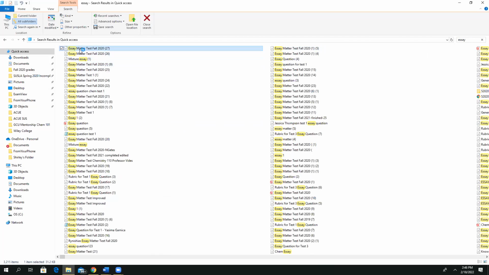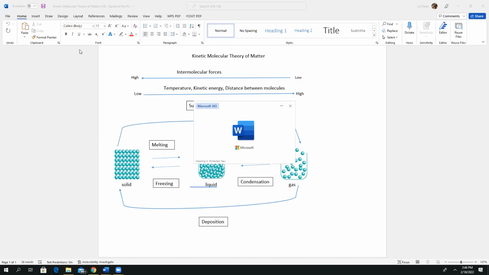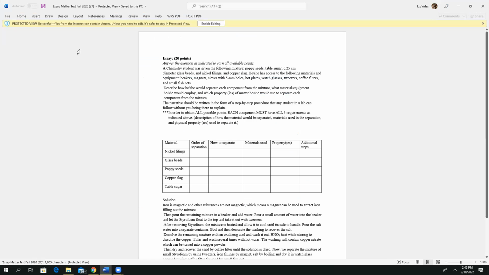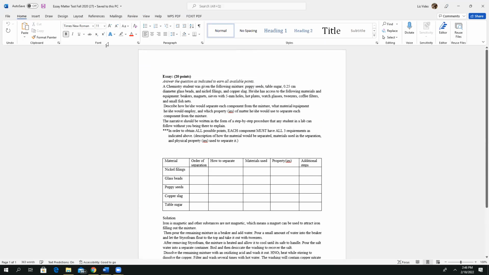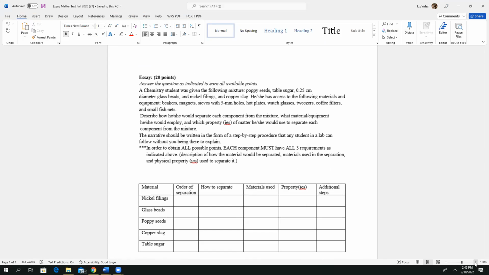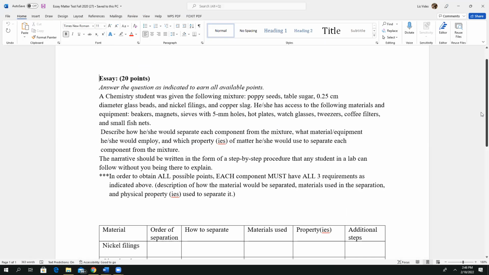Yeah, like this one. And we go over it. And I explain to you how I want you to do yours. And you'll be looking at also your rubric. So the way that this is going to work.